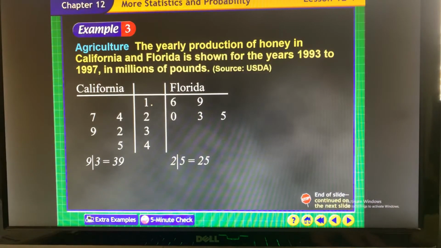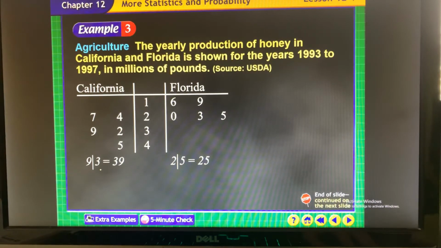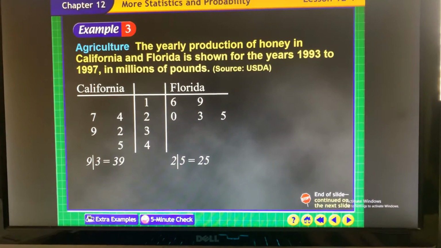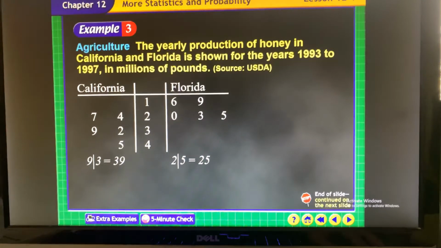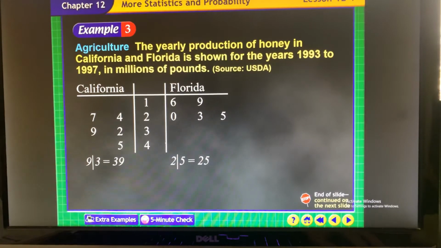This is called a back-to-back stem and leaf plot, and it tells you how to read it by the key. So you always start in the center. These are my stems. These are my leaves. So it's 16 million pounds. This one is 24 million, 32, 39. Then the first question is, who produces the most amount of honey?